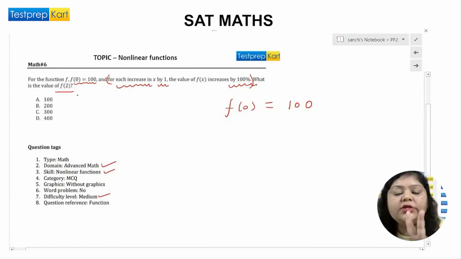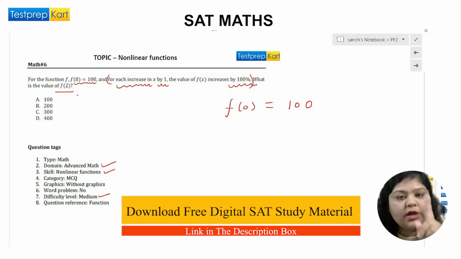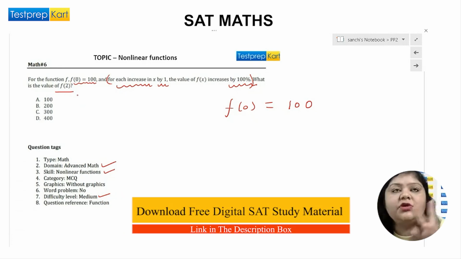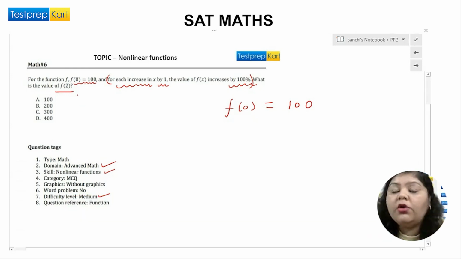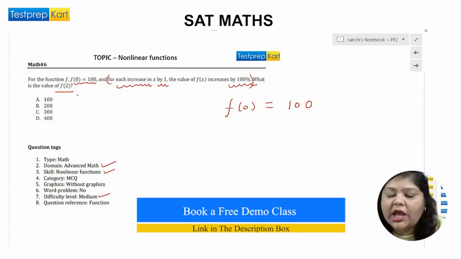There are two ways to solve this question. One is you can form the general statement of the function and then solve for any value of x. Another way: because this question is asking for only f of 2, not for f of 20 or f of 200, not for any larger value, there is no need to waste your time forming the general form of the function.